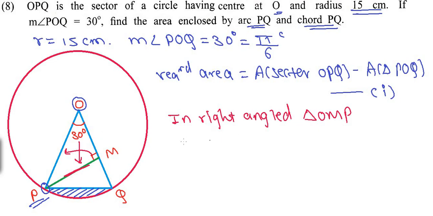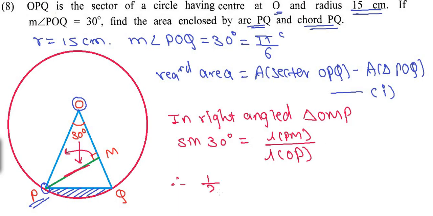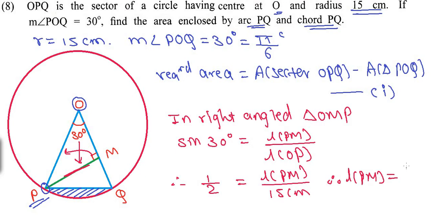So in right angle triangle OMP, sin of 30 degree is equal to opposite side PM divided by hypotenuse OP. We know sin 30 equals half, that is equal to length PM, the height of the triangle, divided by length OP. Length OP is the radius of the circle, 15 centimeter. Therefore length PM is equal to 15 divided by 2 centimeter.